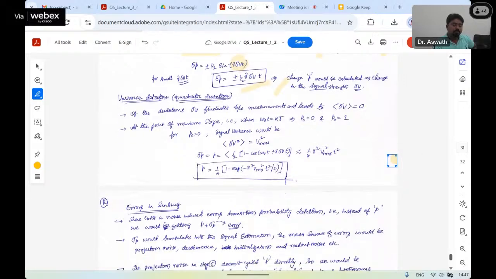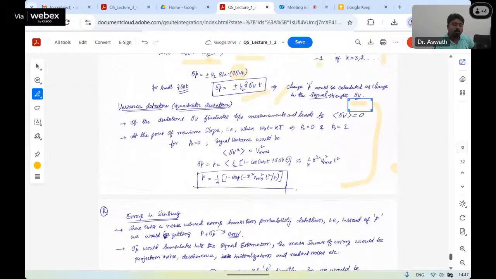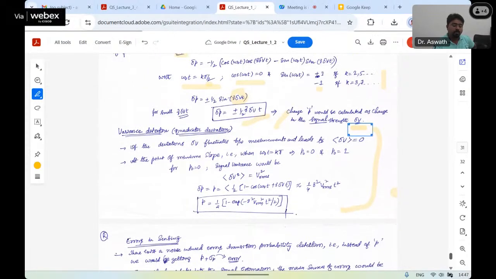Yeah, this is for your understanding, so for the time being, we'll just skip this. What I'm saying is, the moment you know delta V, you can make out what V itself is. Please don't get confused with the V root mean square part.